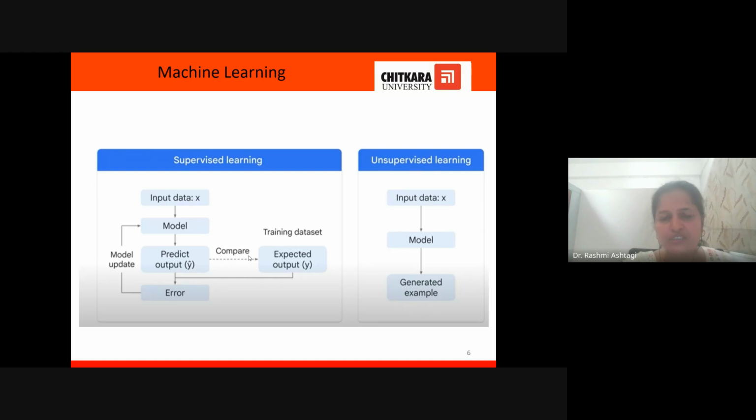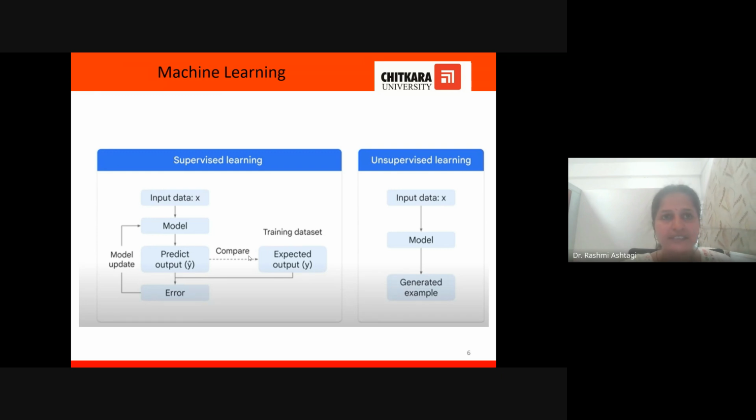Not only images, it can be video, audio, anything. We train it on that data, and then we give it new data and check whether it identifies correctly or not. If it's identifying correctly in most of the cases, then our task is done. Our system is ready.